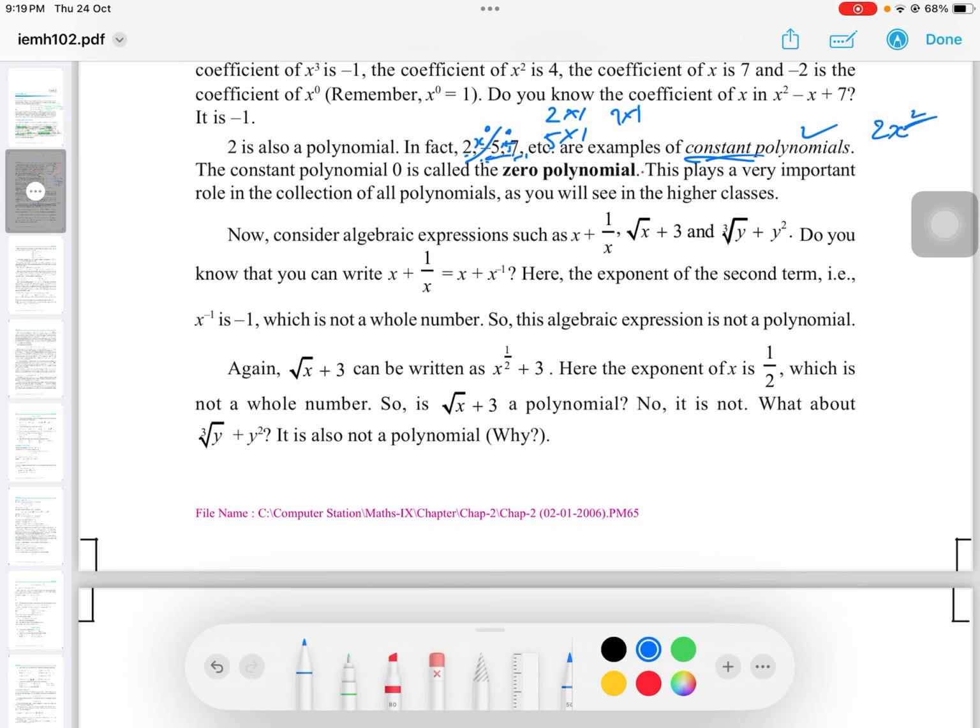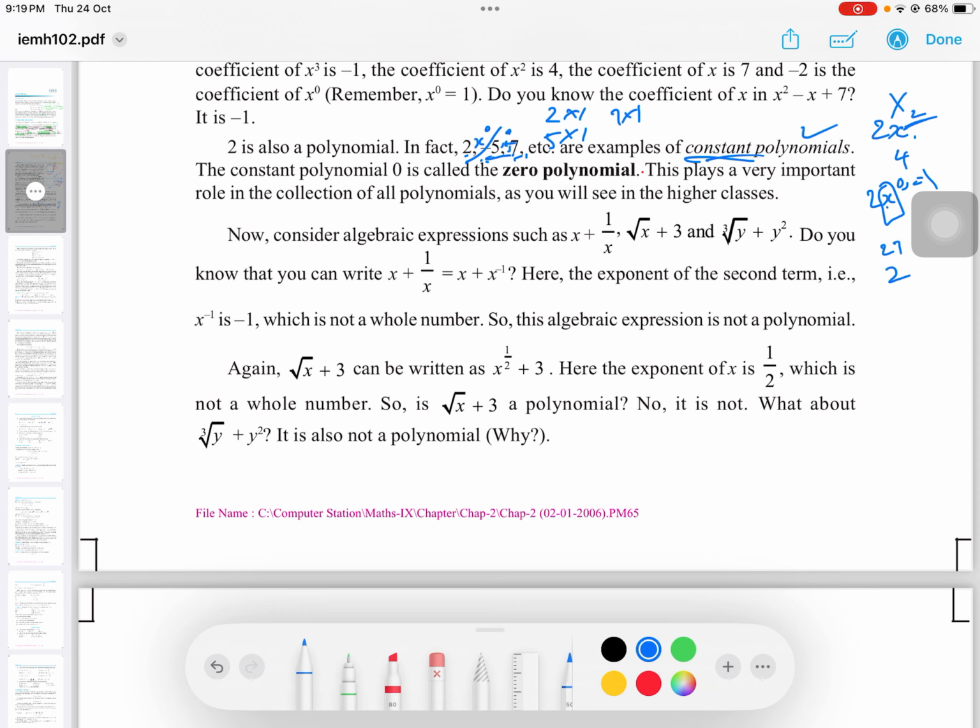This is not a constant polynomial. If you know the value of x, for suppose if x equals 4, it will be 4 square, that would be 16. 16 times 2 would be 32. So this cannot be a constant polynomial, but 2x power 0 can. If x is anything, like say 27, then 27 to the power 0 is still 1.